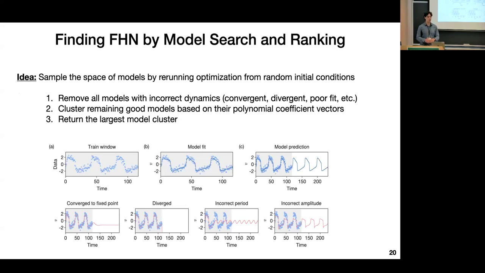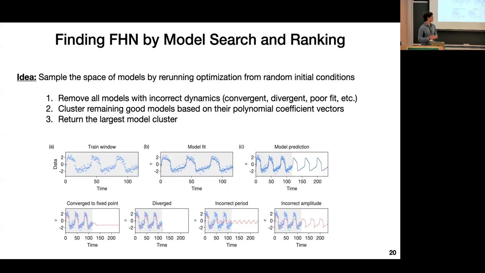After you do this, you obtain a whole bag of models, and you can cluster them based on their coefficient values. So from this, you can look at the largest model cluster, which is essentially the most popular type of model that's been chosen, and you can analyze it.